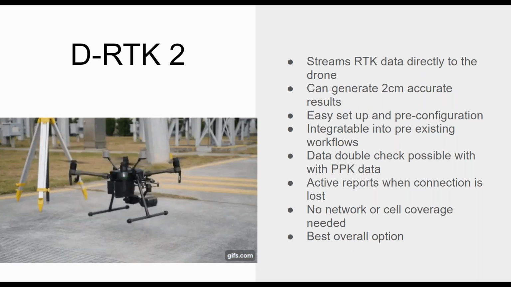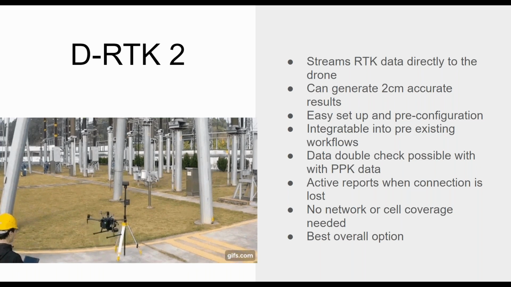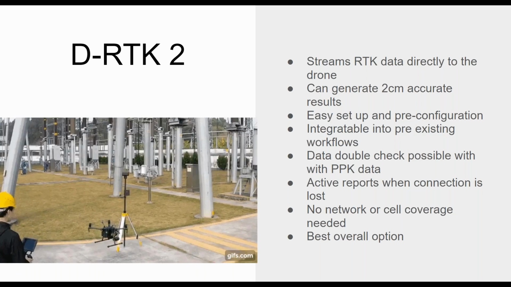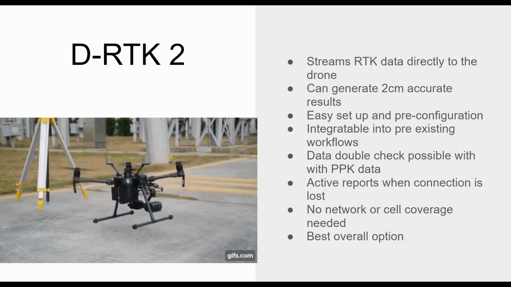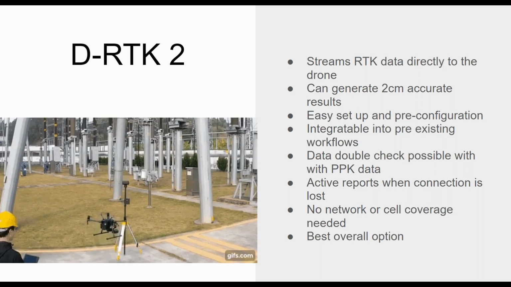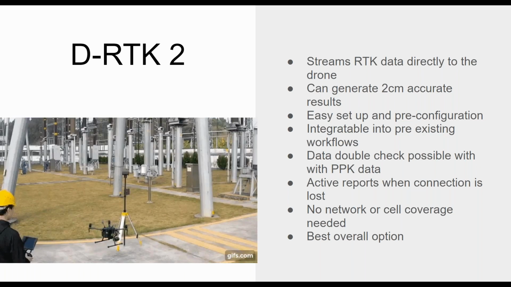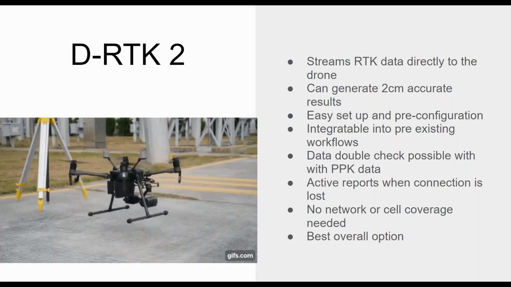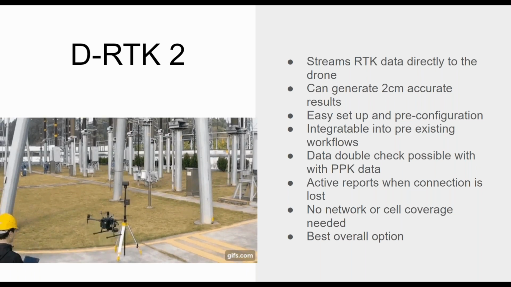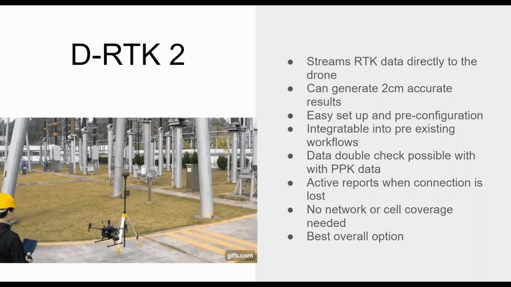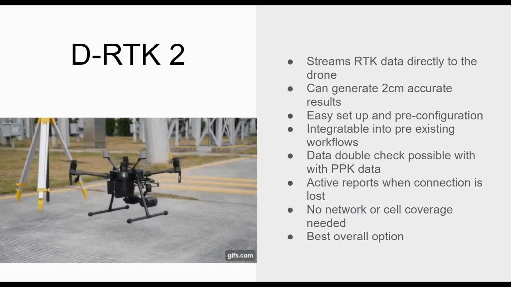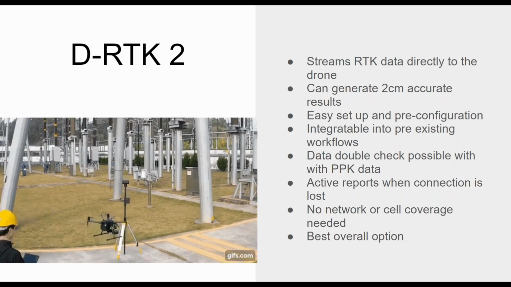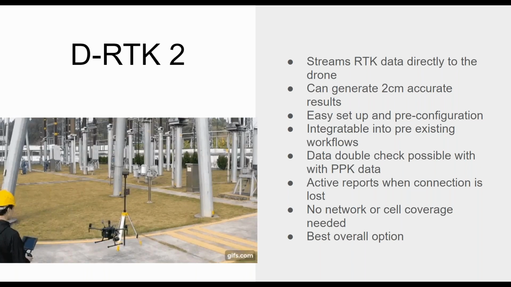Some of the pros and cons, the setup for this is incredibly easy when compared to your third-party base station with the NTRIP network. It's a literal plug and play. This method does not need cell coverage, and because of the satellites that the D-RTK2 uses, it can yield as accurate results as an NTRIP network in most cases.